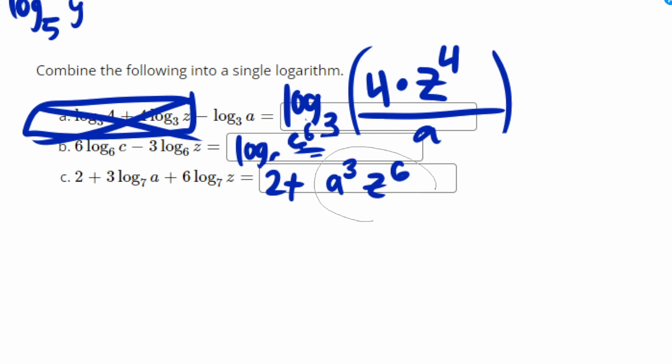Whoops, let me move that. And let me double check that really quick because I just want to make sure that is what it's asking for. So we'll have 2 plus log base 7 of a cubed z to the 6th.